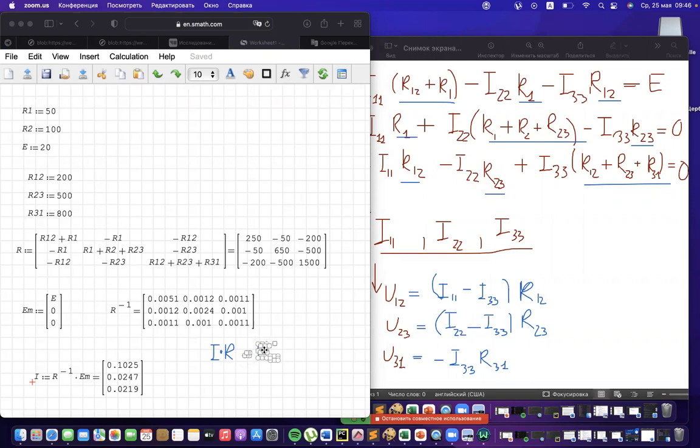Then you could multiply by the reverse matrix here and here. The reverse matrices will give you 1, and that is how you obtain your current. The current value will be the multiplication of the reverse matrix by the electromotive force matrix, and it will be your solution.